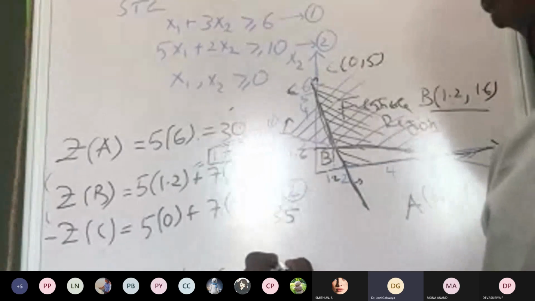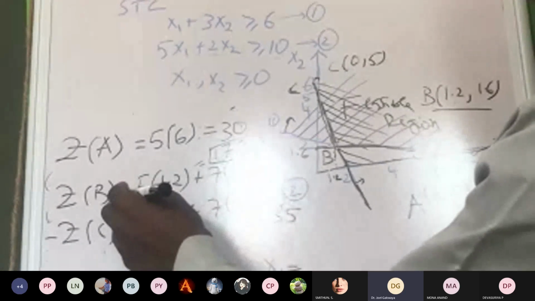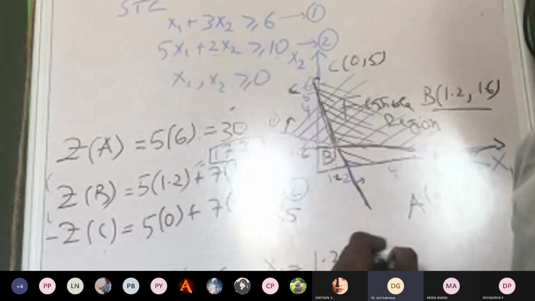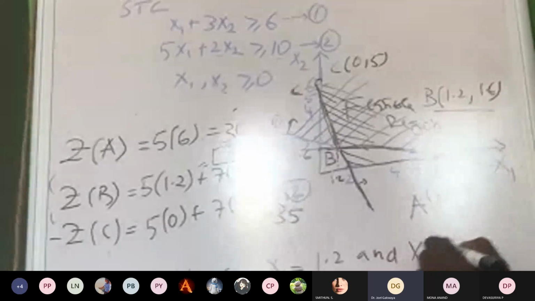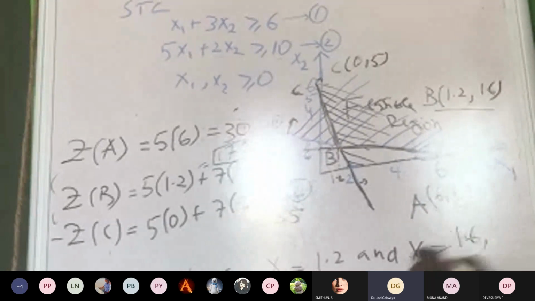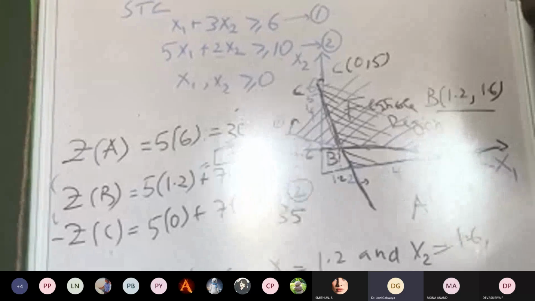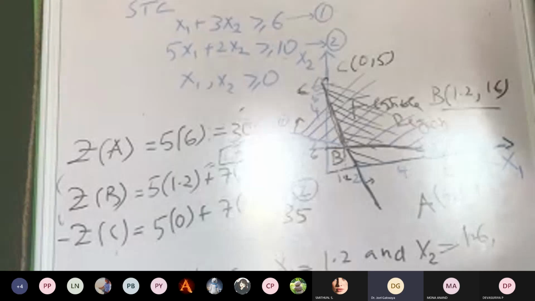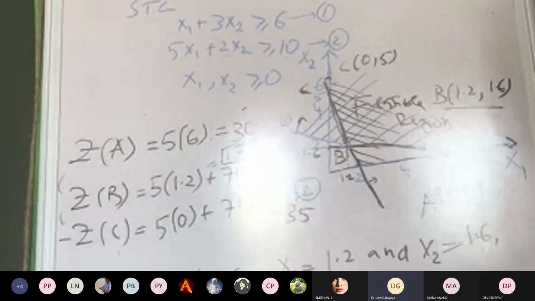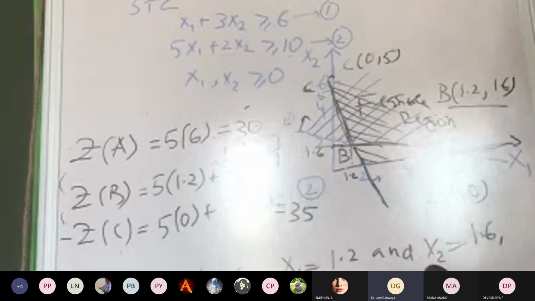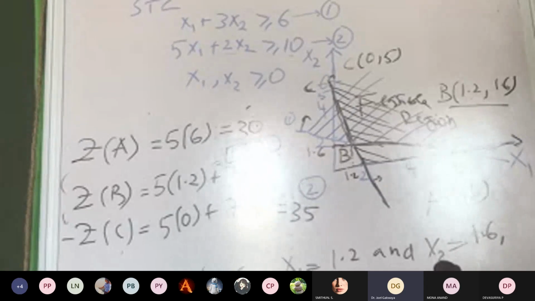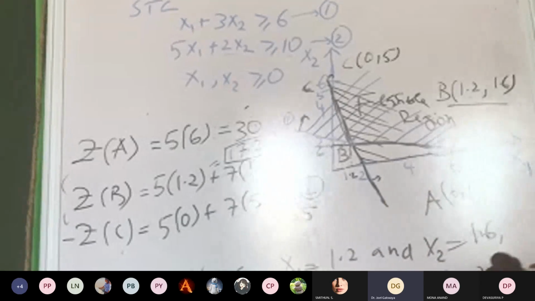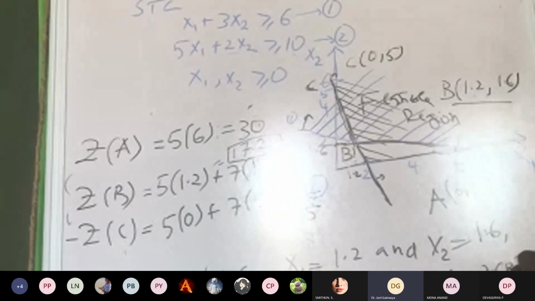So now the final answer we write like this, we say hence, which is important: X1 is equal to 1.2 for point B, and X2 is equal to 1.6. Then the optimal solution is Z at B, which is equal to 17.2.